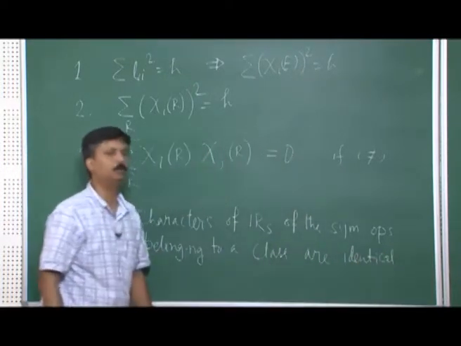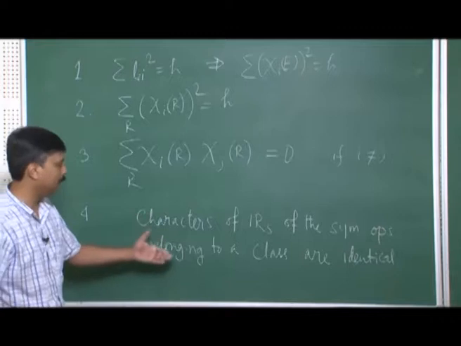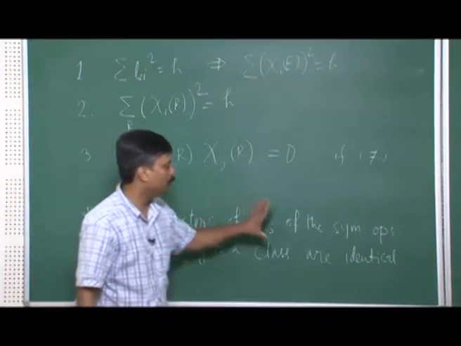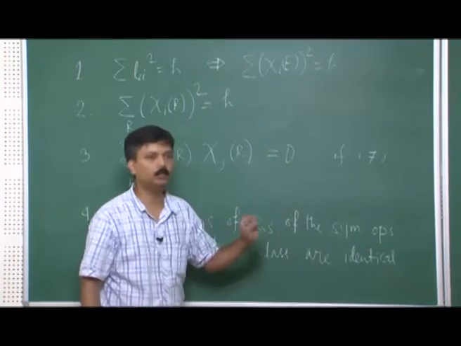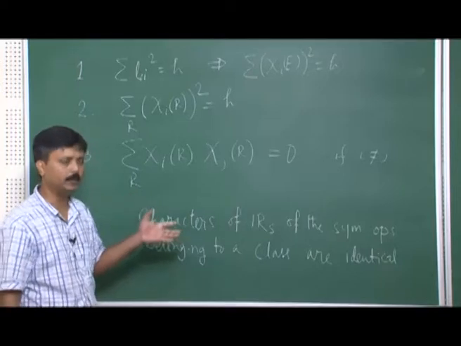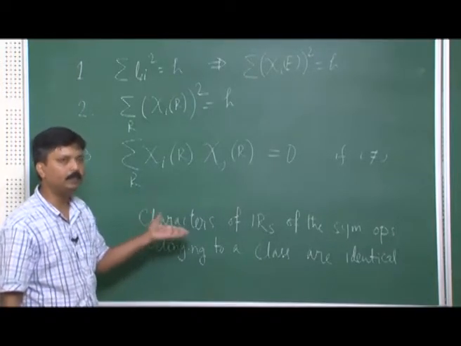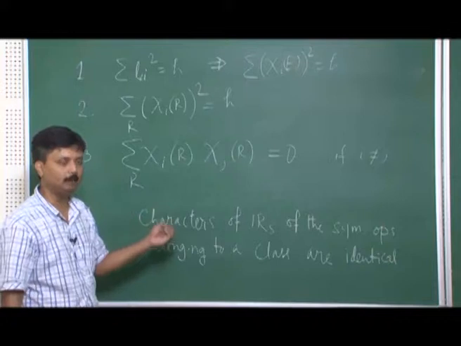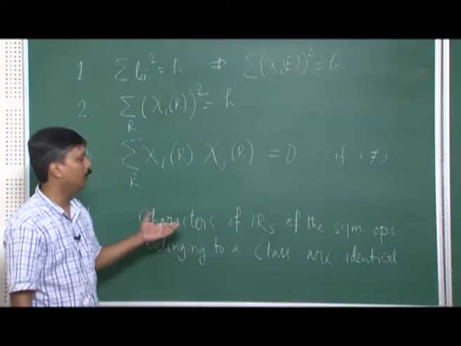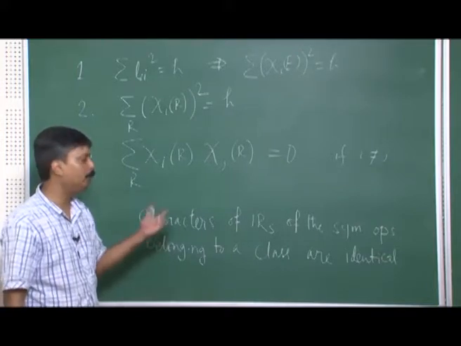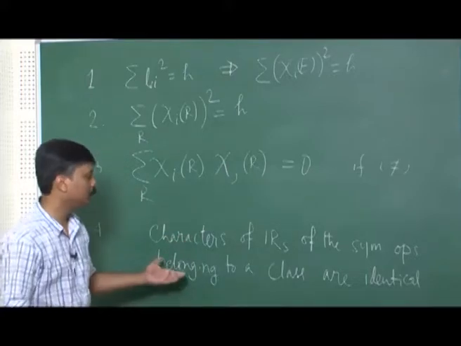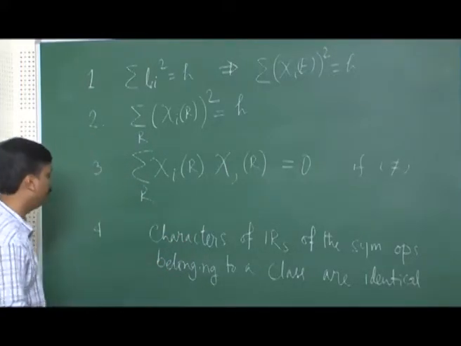As a proof, we said that the elements of a class are conjugate to each other, and the matrices that represent those elements, in our case symmetry operations that form a class, will also be conjugate to each other, and we have proven that conjugate matrices have identical characters. So this is already proven.